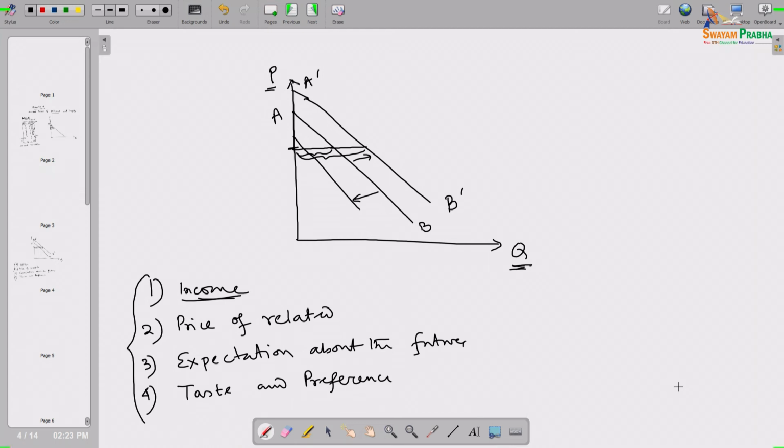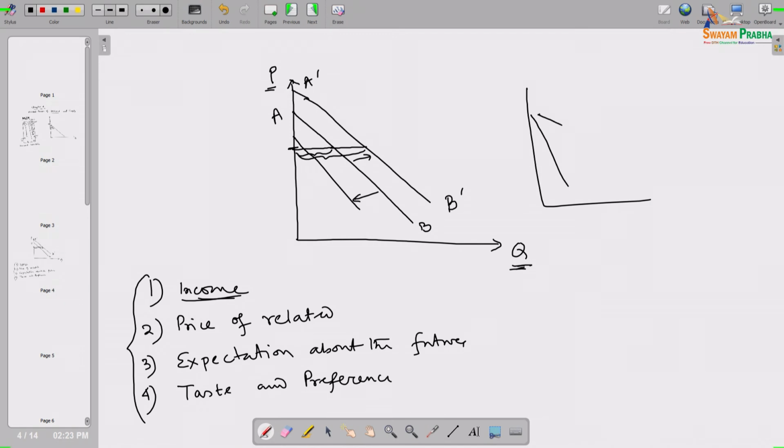Let me clarify, this shift may not always be parallel. Maybe my initial demand curve is this, and the later demand curve is of this kind. It can also happen. It is not necessary that the demand curve will always shift in parallel the way I have drawn here, but that is not the only possibility.